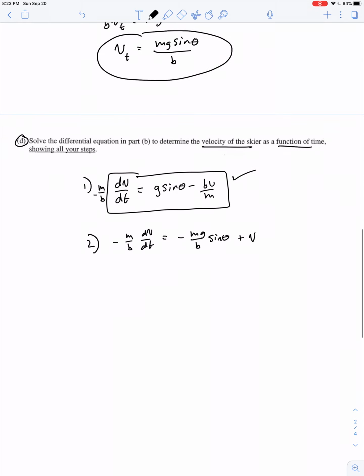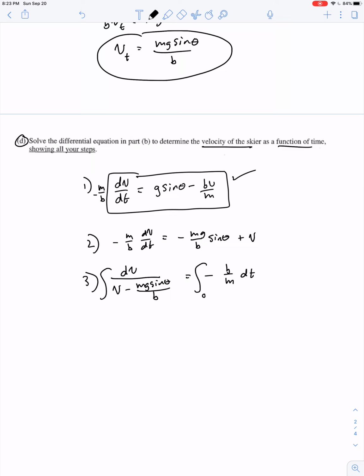Okay, a little cross multiplying and we get dv divided by v minus mg sine theta over b is equal to negative b over m times dt.